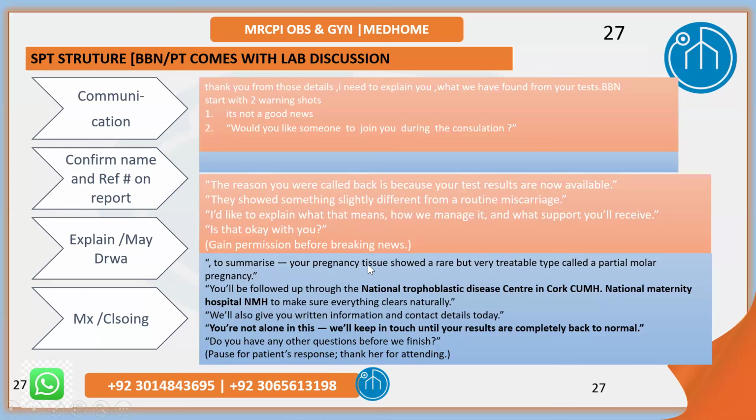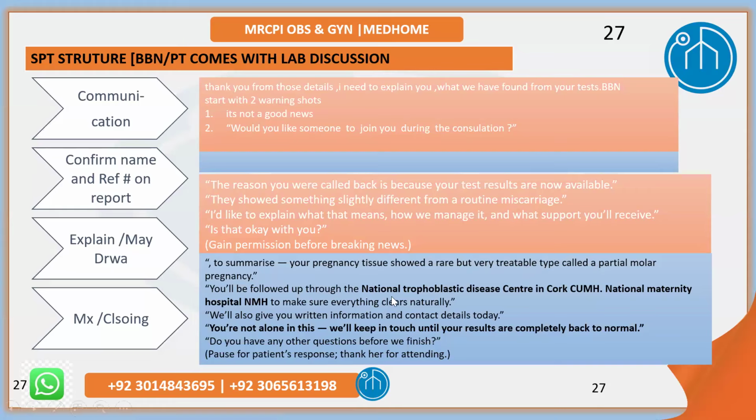Your pregnancy tissue showed a rare but very treatable type of partial molar pregnancy. You see how beautifully Dr. Hira did this slide, it is perfect. Here you are telling her this is an abnormal pregnancy, and here you are beautifully telling her it's treatable. Now she will be with you for 6 months or 1 year, whatever time you give her, because it's very treatable and it's in her hands.